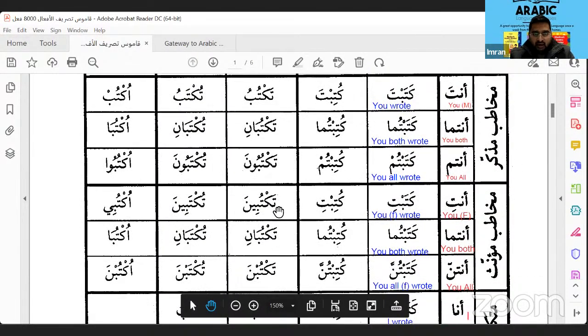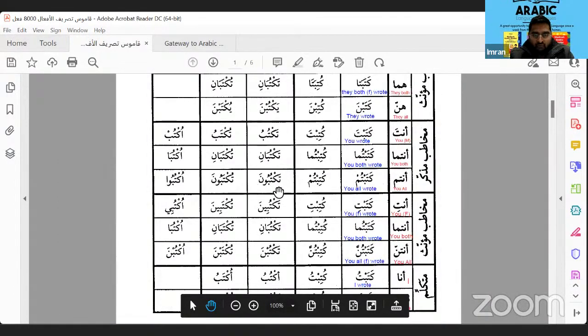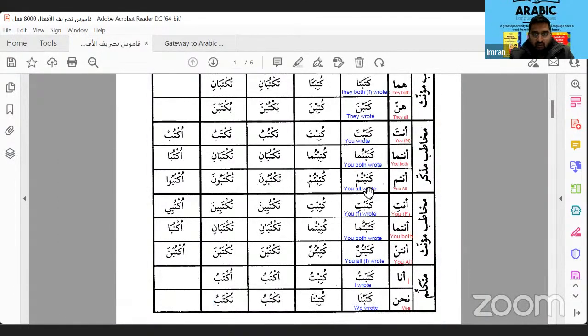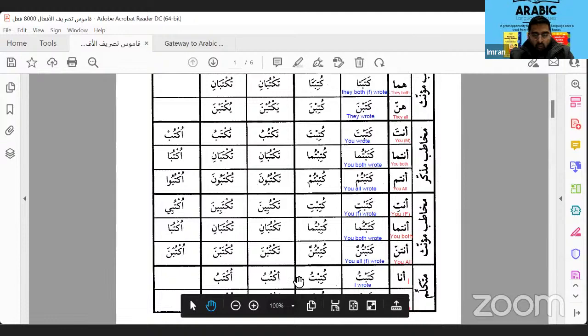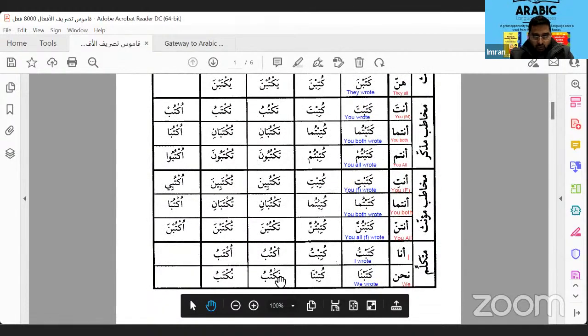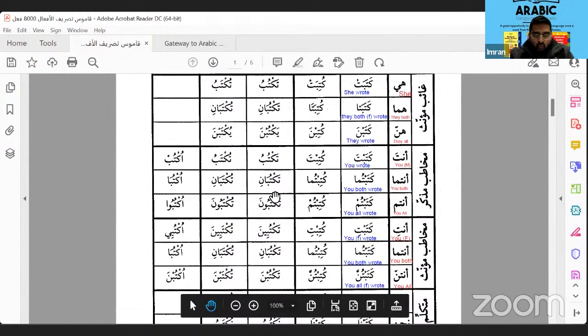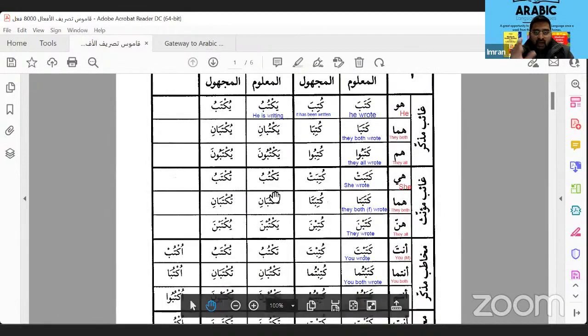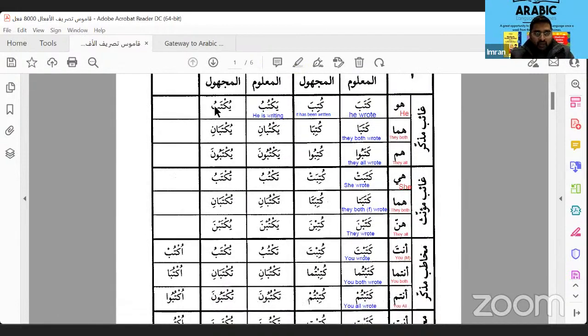You will see the next six, from anta, all of them start with a ta. And I and we are aktubu and naktubu. I wanted to read this quickly so that you just have a familiarity with them. And now I'm going to teach you them thoroughly.